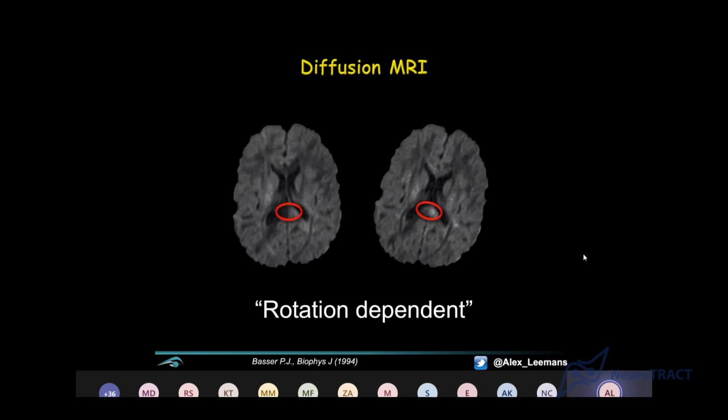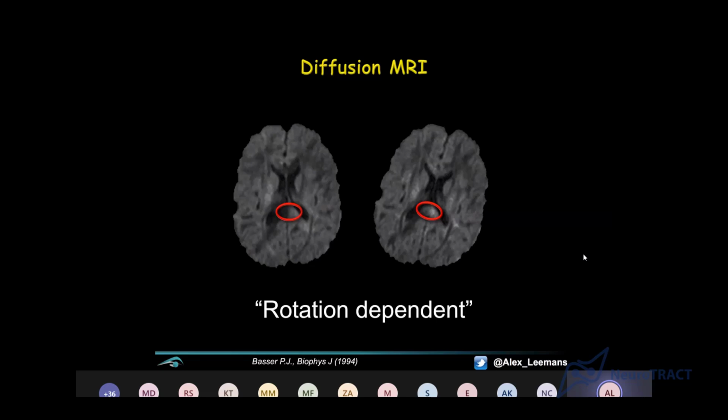Because of the orientation of the fiber structures in our brain, if you rotate your head a bit differently, think of it like this. Now my corpus callosum is nicely oriented left-right, but if I orient my head like this, then in the reference frame of the scanner, it's not oriented left-right anymore. It's more oblique to the back.